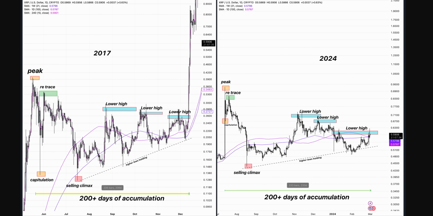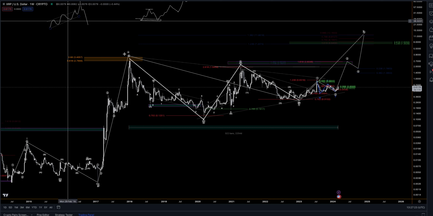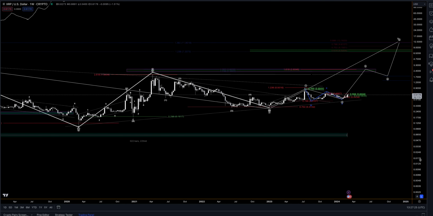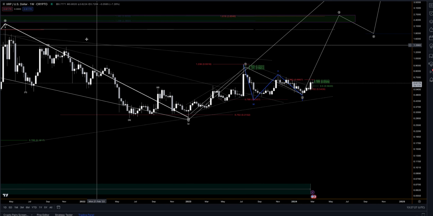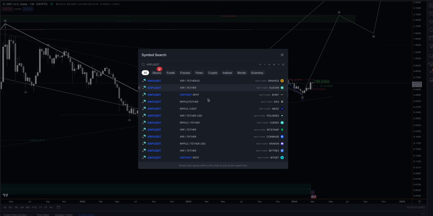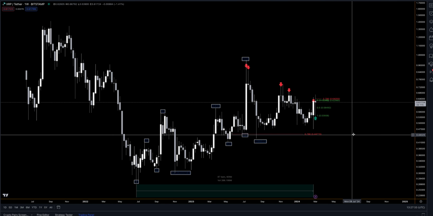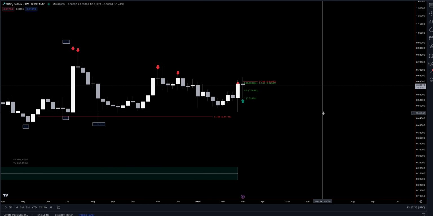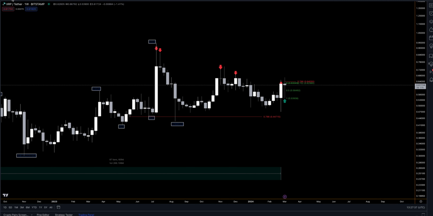Okay, let's go back to this chart over here. But yeah, this is XRP. Let's take a look at another chart here before the video comes to an end.